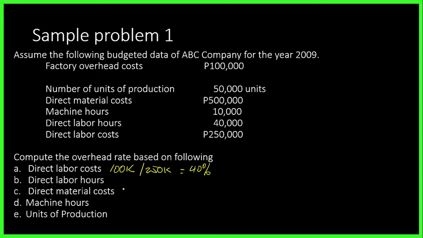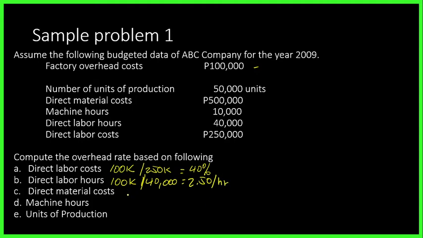And then you have also your direct labor hours. So you simply divide 100,000, that's your factory overhead, by your direct labor hours, which is 40,000. So how much is this? 100 divided by 40, so that's around 2.5 per hour.